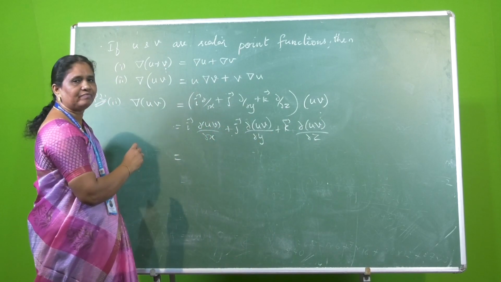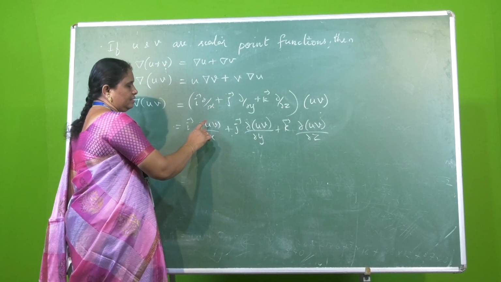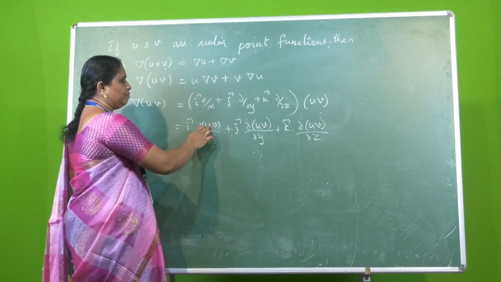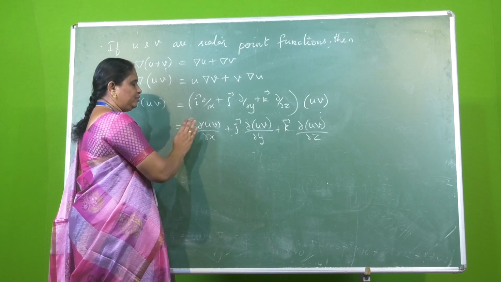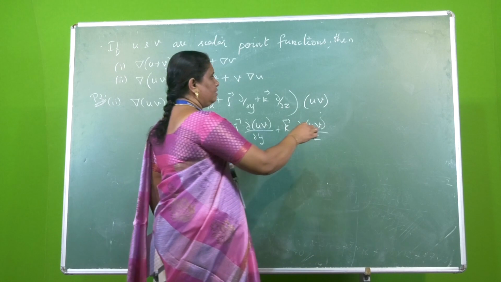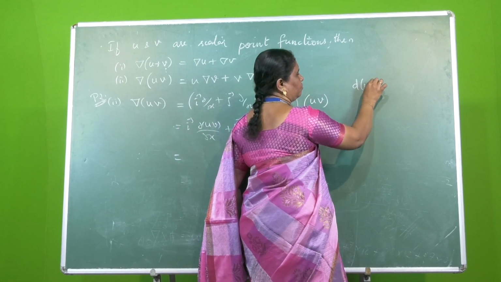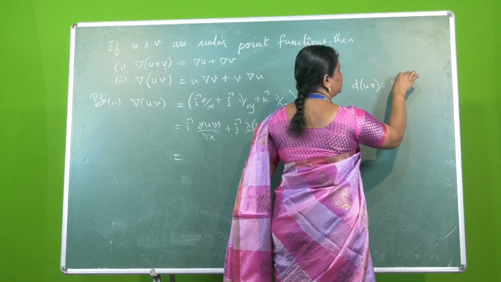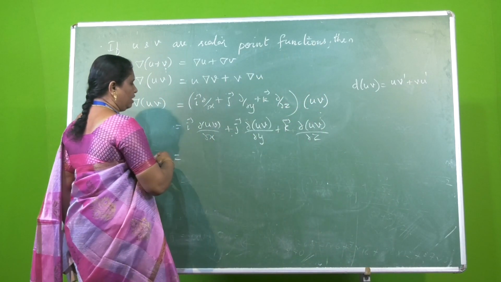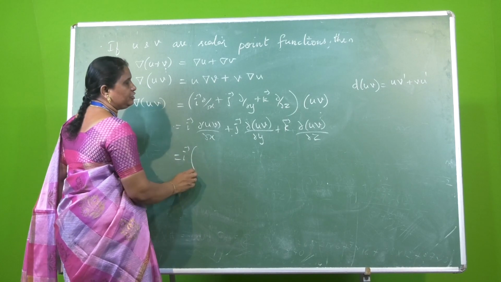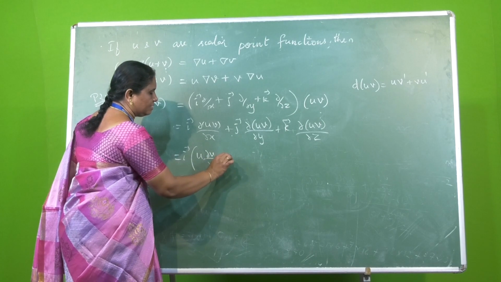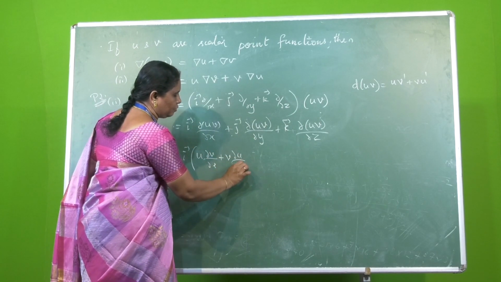So in the next step, we have to differentiate the terms u into v. As the functions are in products, we have to use the general formula for differentiation of uv, that is u v dash plus v u dash. So using that formula we get i vector into u dou v by dou x plus v dou u by dou x.